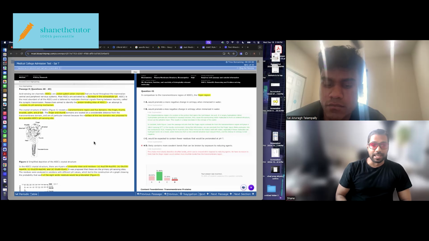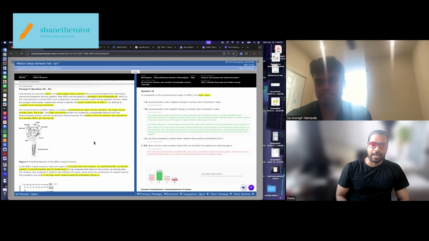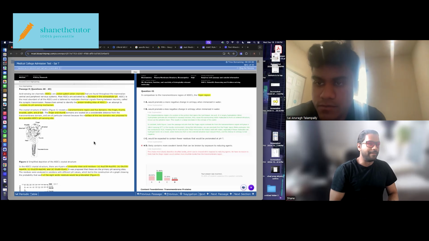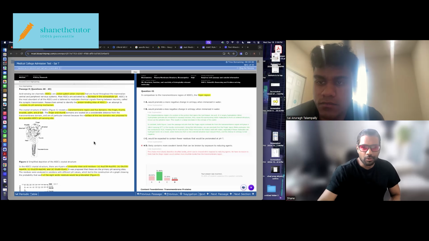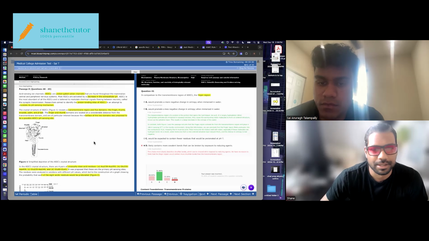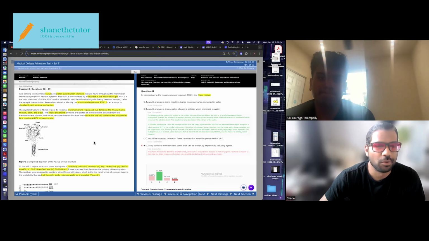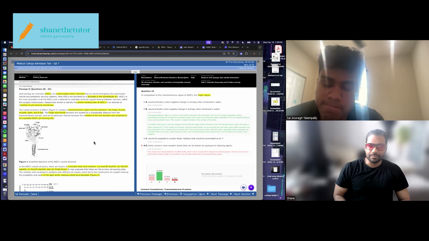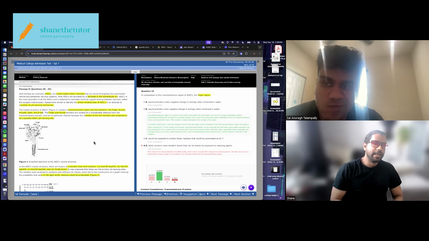That's why you'll see this mentioned in practically every passage. So they're asking what makes the finger region different from the transmembrane region. In other words, what makes a hydrophobic region different from a hydrophilic region?